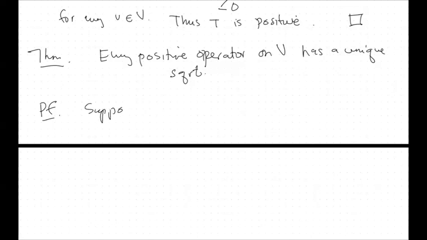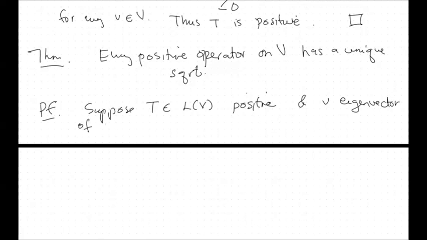The proof is quite long. Suppose that T here is positive, and v an eigenvector of our T with respect to eigenvalue lambda greater than 0.